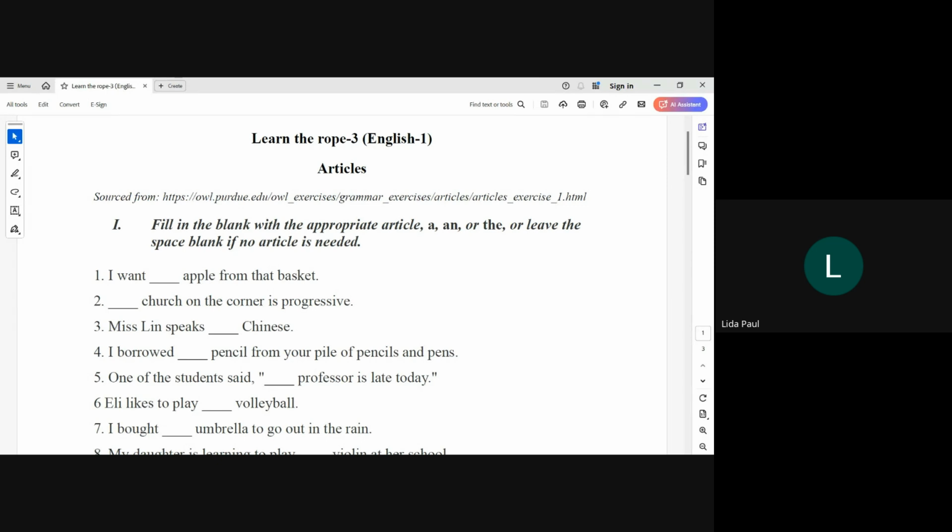If you're talking about countable nouns, then you are going to use either a or an, right? These are the only articles that facilitate the process of counting. Countability is facilitated by a and an. And if it is uncountable, or plural in certain cases, then you use the.